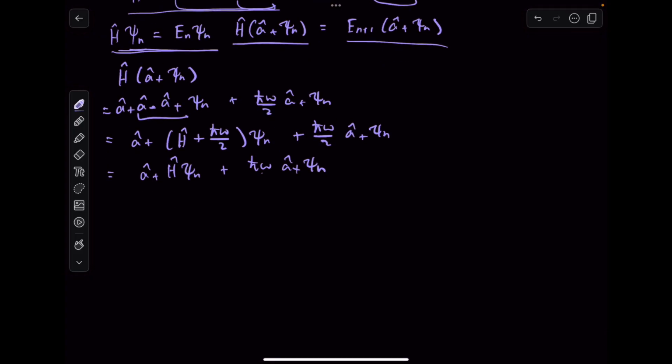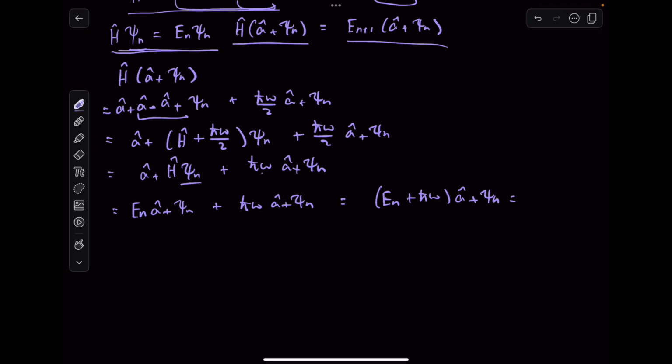And we already made the assumption that this is already a solution to the Hamiltonian with some energy E sub n. So let's write that out. And since this is just a constant, we can move it to the left. So we're left with this initial energy plus h bar omega on this state.